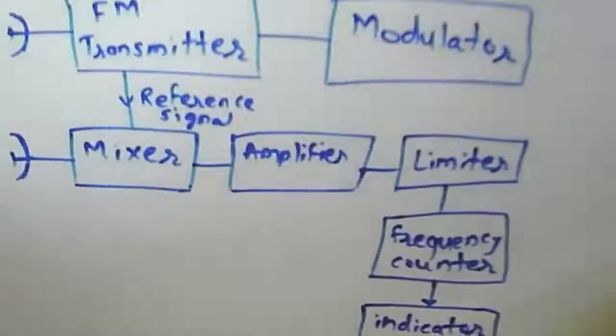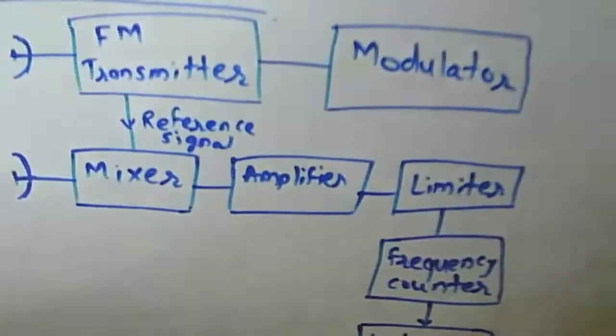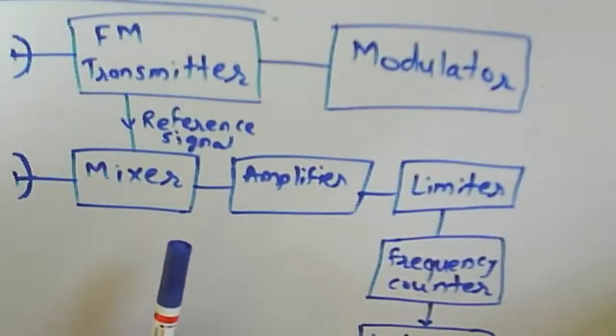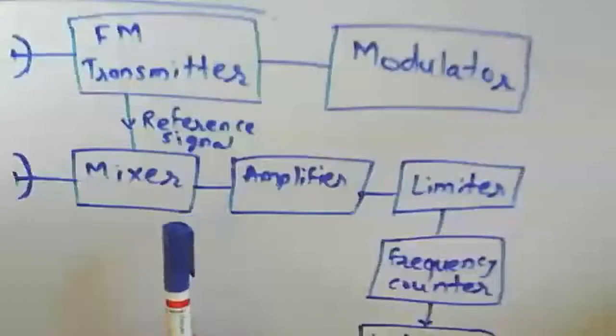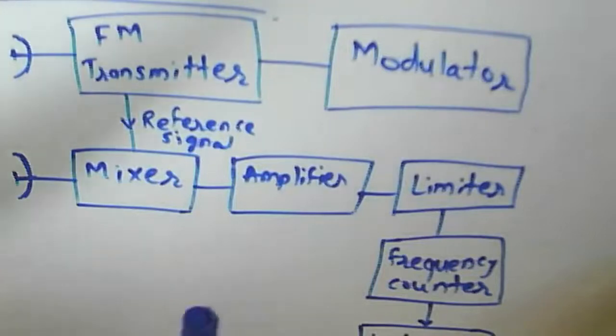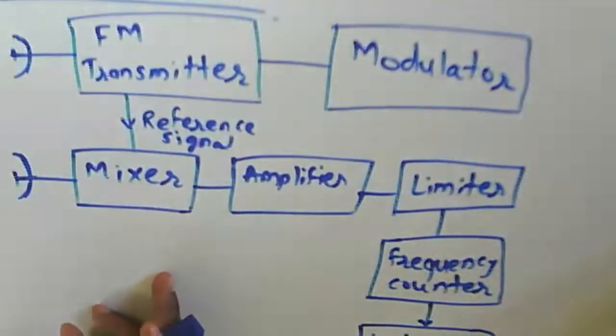This one is the block diagram of your FMCW radar. Now from this FMCW radar, we consider what will be the trip time, and what will be the beat frequency there. We consider first this particular block diagram.